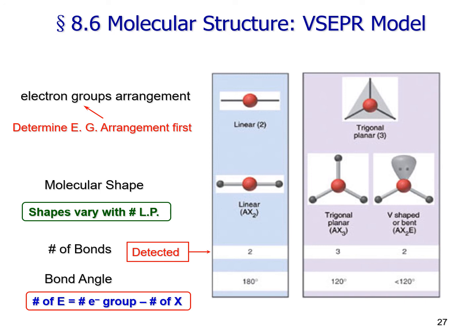With trigonal planar, the bond angle is 120 degrees, and with a lone pair, I want you to realize the angle is less than the typical bond angle. Speaking of bonds, these are the ones that we can actually detect. The thing that we cannot detect is the lone pair.